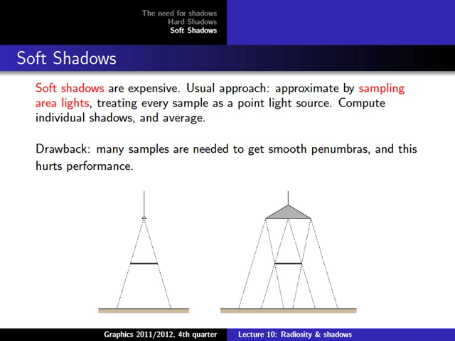Now, just one word on the soft shadows, because like I said, soft shadows are very expensive, which is why they're often not done, or the approaches to do them are much more complicated, which is why we'll not go into them, but just to say the basic idea about how it usually works. It usually works that you just take a couple of light sources that you're modeling.